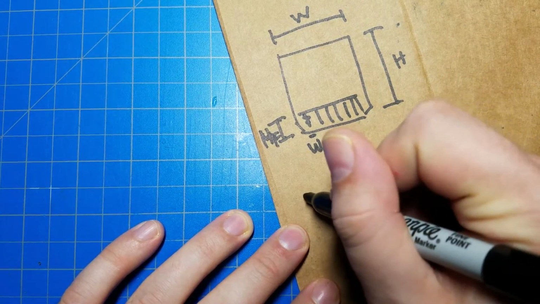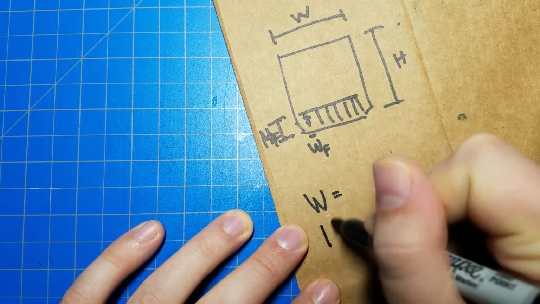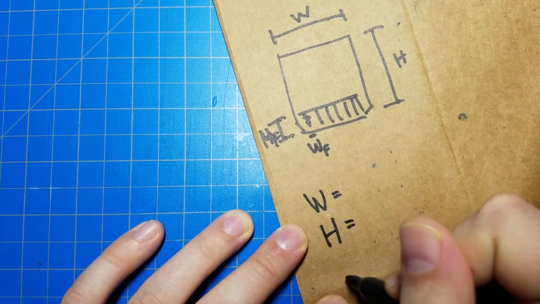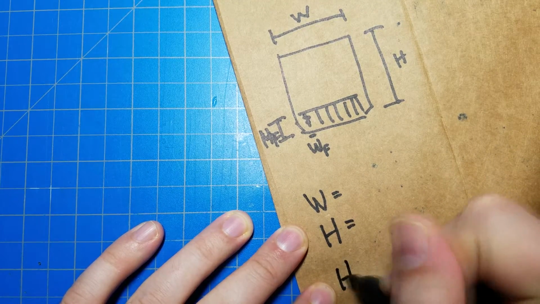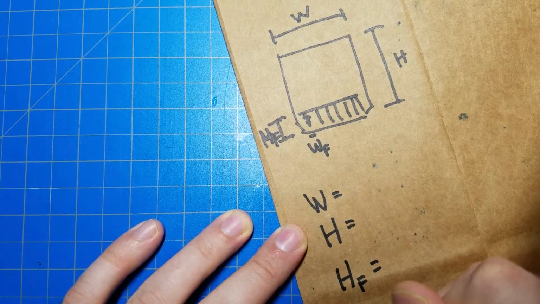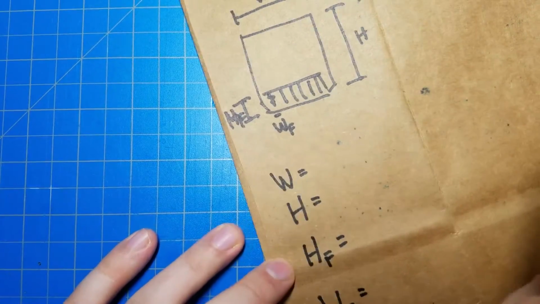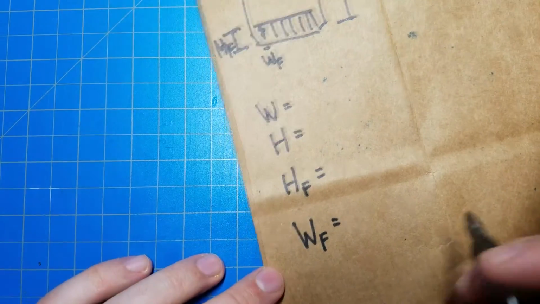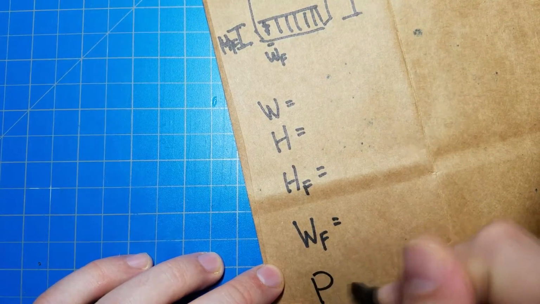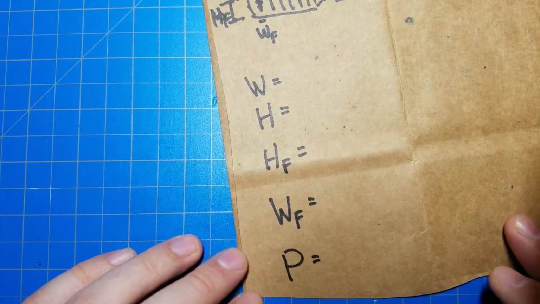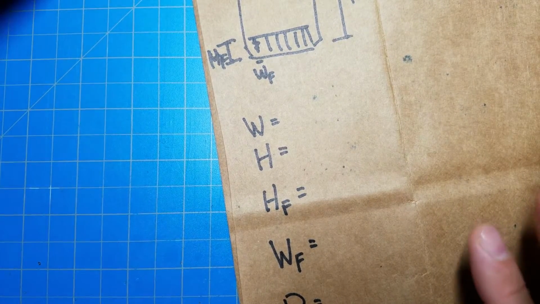So the height of the fingers, the width of the fingers. And I should probably also document the pitch, although I don't have to because I already know what it is. So let's get to this.